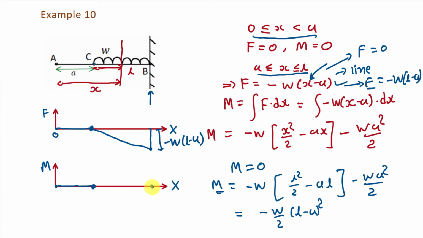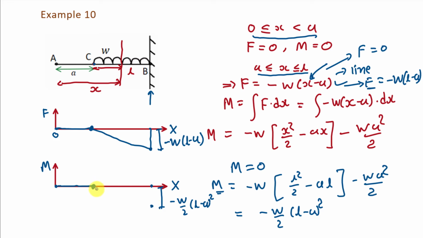So here value of bending moment will be below this axis. So let's say it is somewhere here, and here this distance is minus w by 2 into bracket L minus a square. Now we have to join these 2 points by parabola.